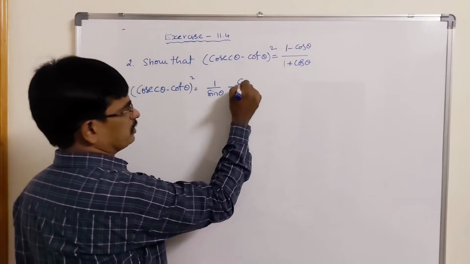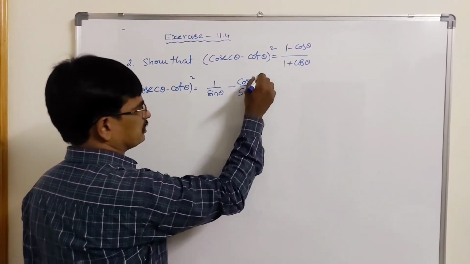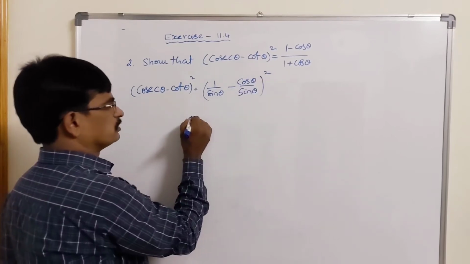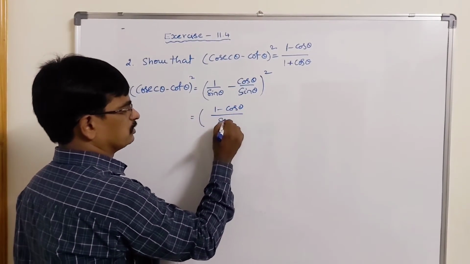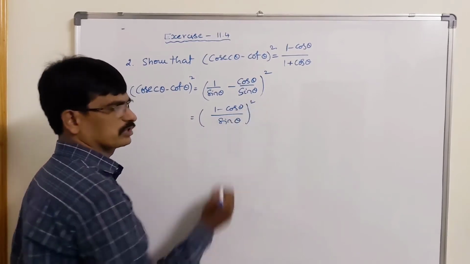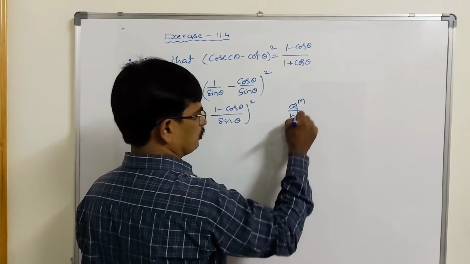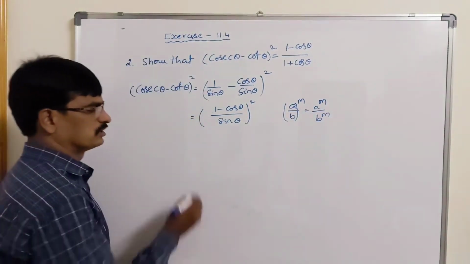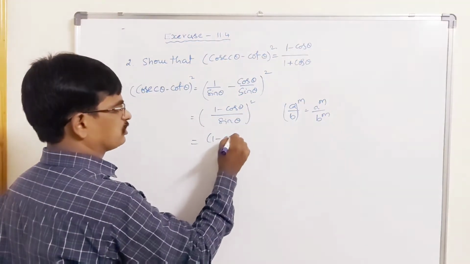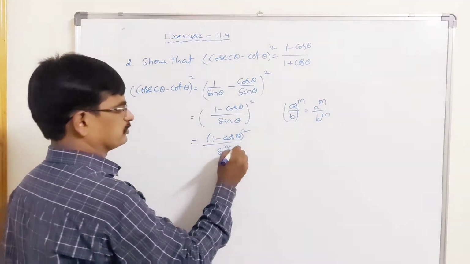Cot theta can be written as cos theta by sin theta. So it is equal to ((1 minus cos theta) by sin theta) whole square. We know that (a by b) whole to the power m is equal to a to the power m by b to the power m. That is (1 minus cos theta) whole square by sin square theta.